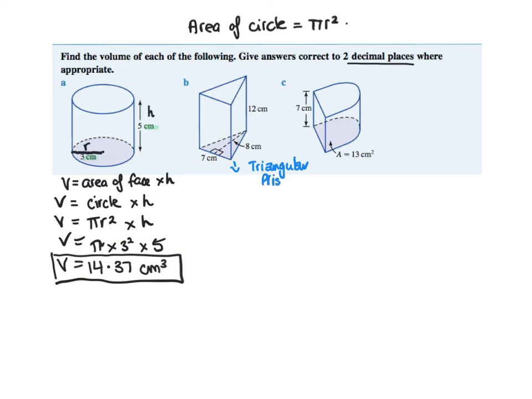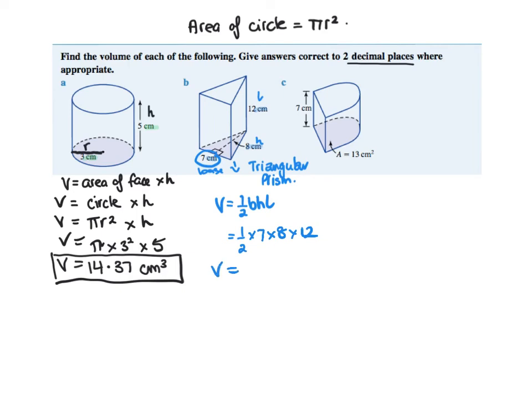So we had the formula for that one, which we said volume was half base times height times the length. Okay, so we can see here, here's my base, that's the height of my triangle, and there's the length. So I'm going to say check that they're all in the same units, centimeters, centimeters, centimeters, yes, and then I'll go. So a half times 7 times 8 times 12 and equals, so we'll do that on our calculators.